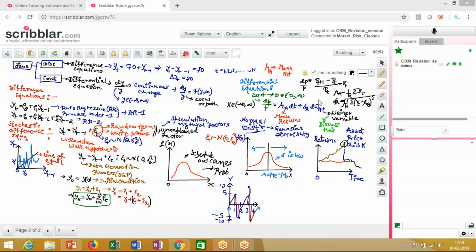That is the price dynamics. Because asset prices in today's market change in the flick of a second, the movement of asset prices happens in continuous time. And that is where we need the concept of differential equations.